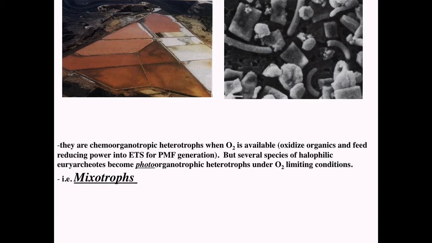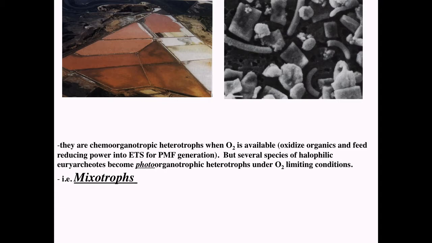So what they've been able to do is something that I don't think any other organism has been able to do. They've been able to switch from being typical organisms like you and I, chemoorganotrophic heterotrophs. I know, you hear those terms. You thought you were past them for the first exam, but they're coming back again to haunt you.